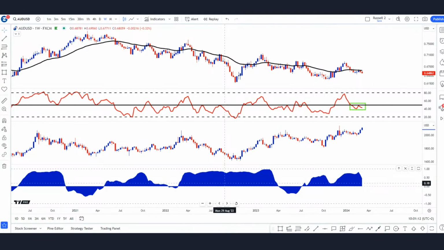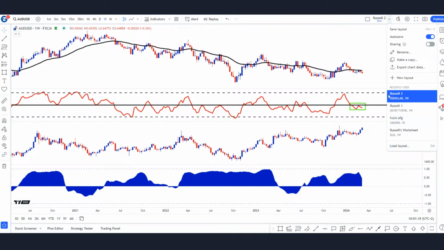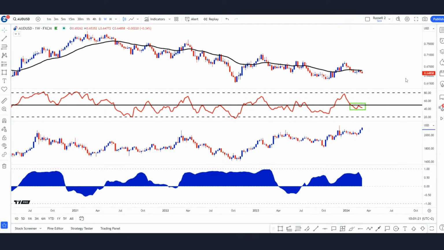Okay, let's take a look. Let's make a new layout. All right, the best way to look at this is not with gold.